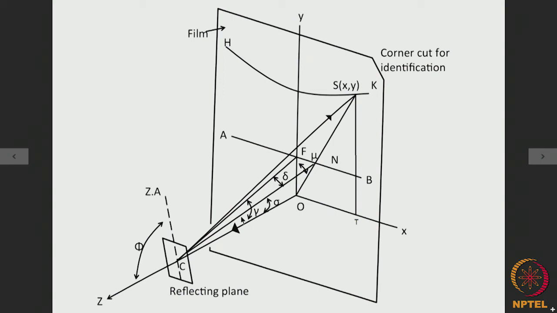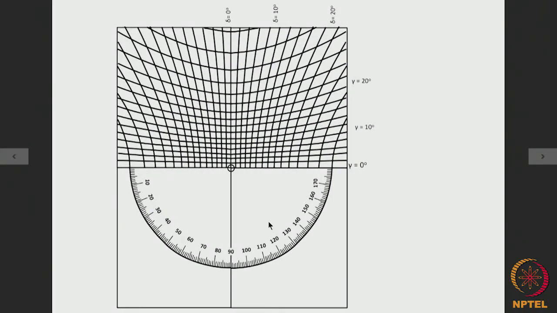Just as you can have the hyperbolas of the diffraction spots from left to right, similarly equal values of delta will give rise to hyperbolas running from top to bottom. And if we remember this, it is possible to construct what is known as a Greninger chart.